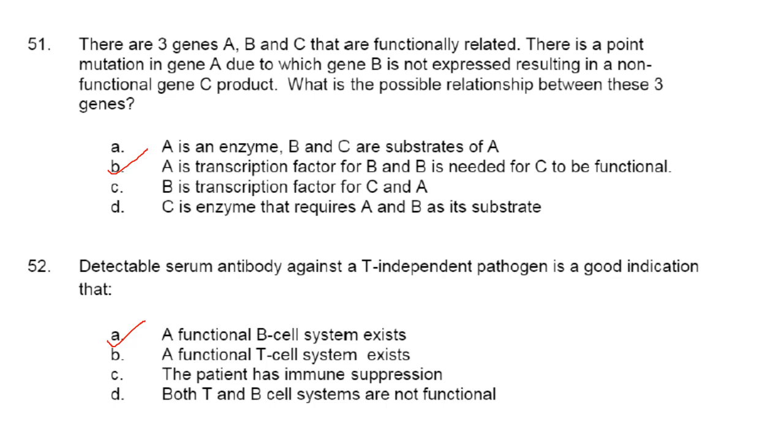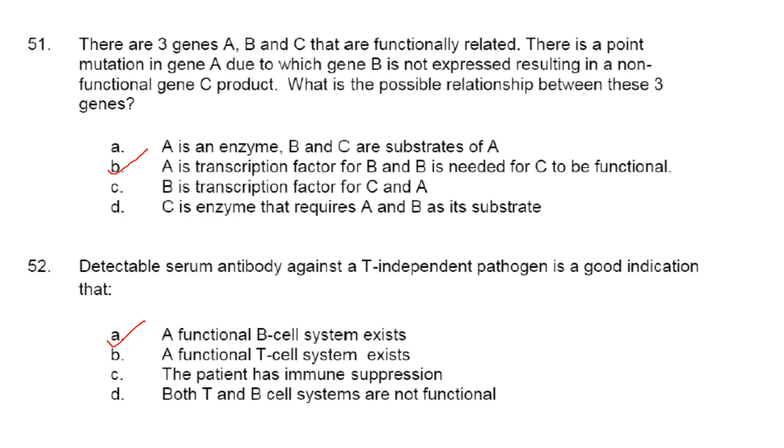Then next one. Three genes A, B and C that are functionally related. There is a point mutation in gene A due to which gene B is not expressed, resulting in a non-functional gene product C. What is the possible relationship between these three genes? So C is the product, B is the gene.